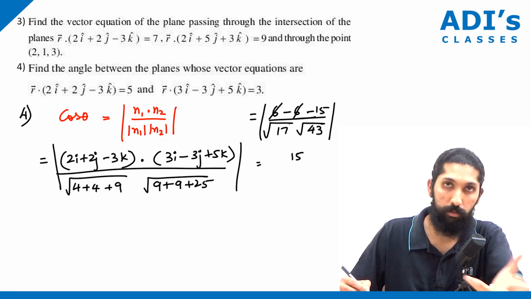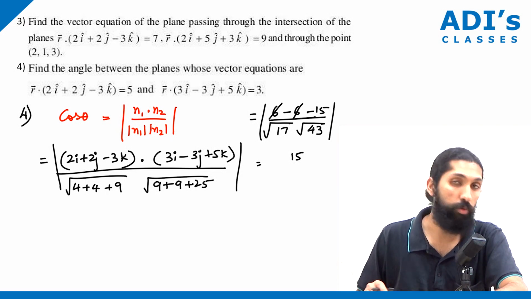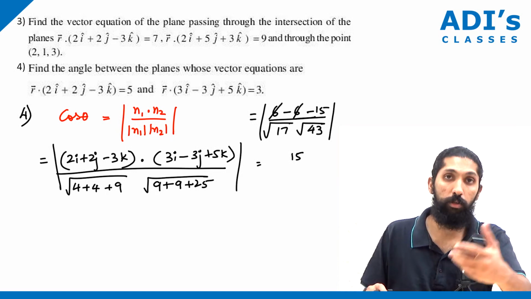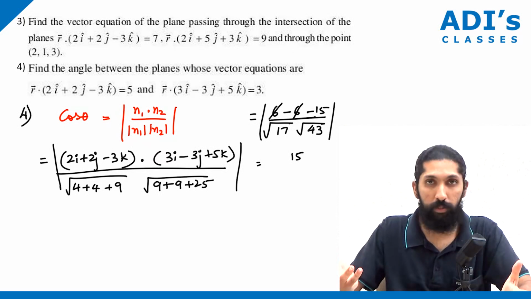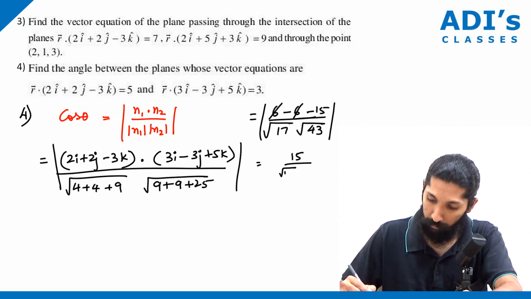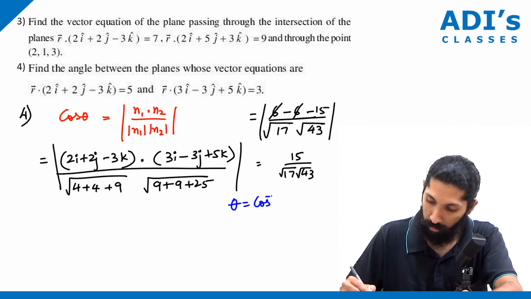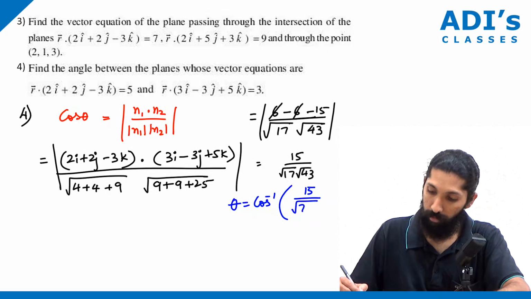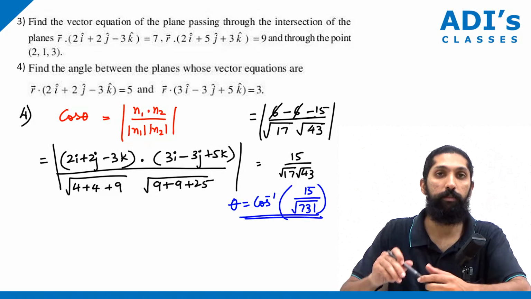Anyway, it's modulus, so it makes no difference. 17 and 43 are both prime numbers, so you really can't do anything. The only thing you can do is multiply both of them, and it makes no difference whether you multiply or not. So 15 by root of 17 into root of 43. That means the final answer is theta is equal to cos inverse of 15 divided by root of 731. This is going to be the final answer.